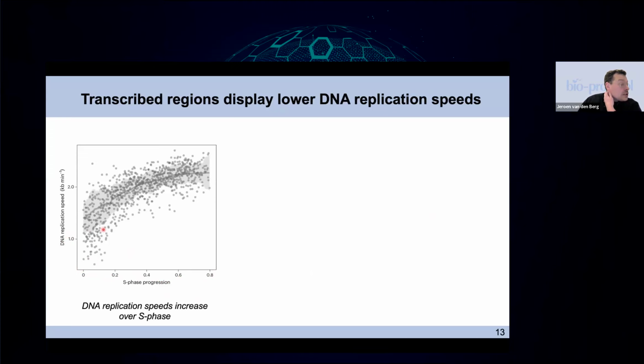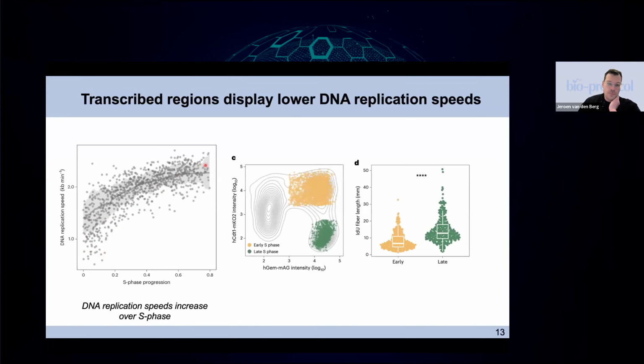And what we see is that these DNA replication speeds are not constant as a function of this S-phase progression. So we see that regions that are replicated early in S-phase seem to be much slower than regions that are replicated towards the end of S-phase.